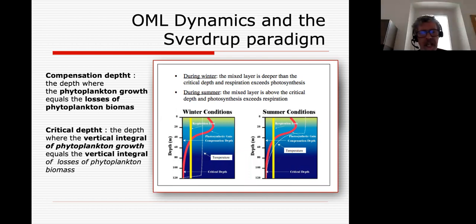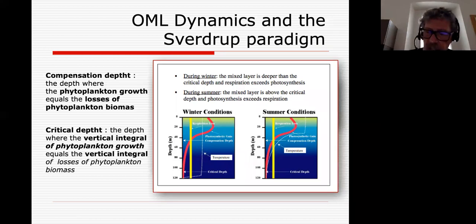In summer, instead, assuming the losses as constant and the growth as constant, the mixed layer is shallower, so the cells are confined in the upper part, and in this case the critical depth is quite far, it is not reached by the mixing.